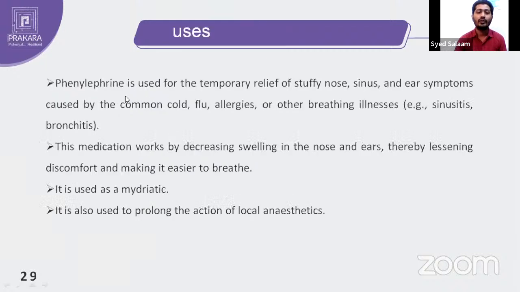Phenylephrine is usually used for relief of stuffy nose, sinus problems, ear symptoms, common cold, flu, allergy, and breathing illness, bronchitis, sinusitis. This medication works by decreasing swelling in the nose, because stuffy nose happens due to dilation of the arterioles, so when that is thinning out, it will decrease that.